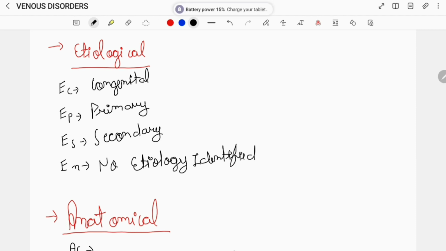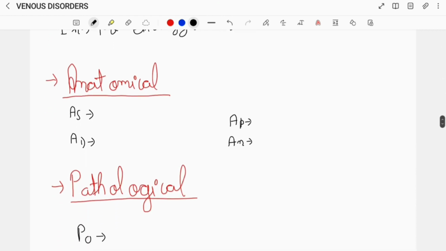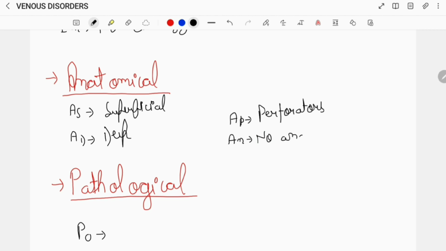Now next, if I talk about the anatomical classification, then here we have AS, which means the superficial veins are involved. AD means that the deep veins are involved. AP means that the perforators are involved. And AN stands for no anatomical region identified.